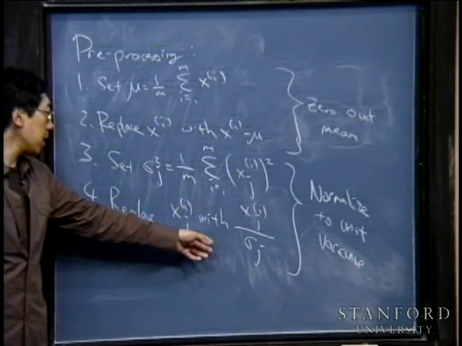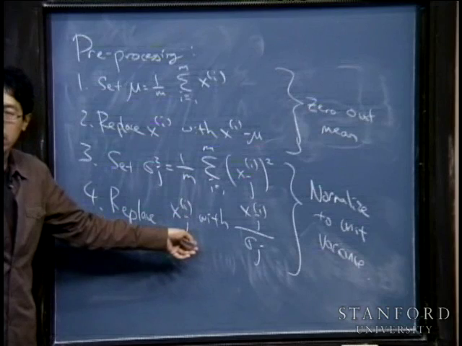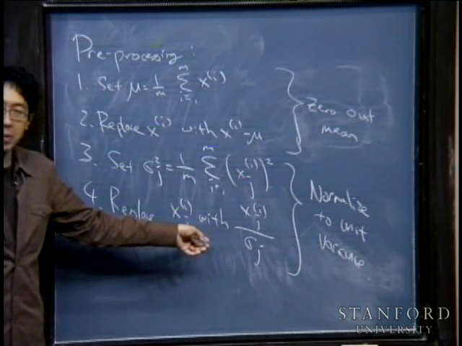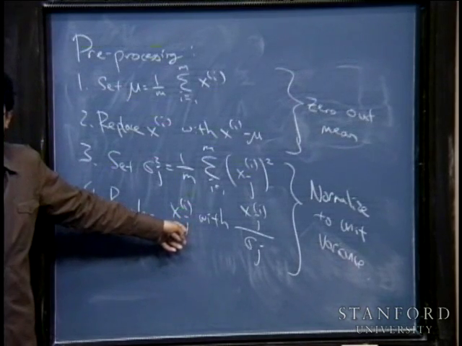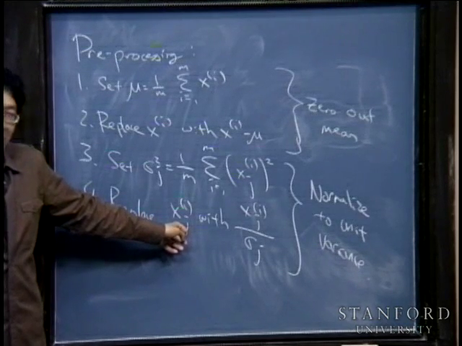I'll just mention that the second step is usually done only when your different features are on different scales. So if you're taking measurements of people, one feature may be their height, another may be their weight, another may be their strength, another may be their age or whatever.